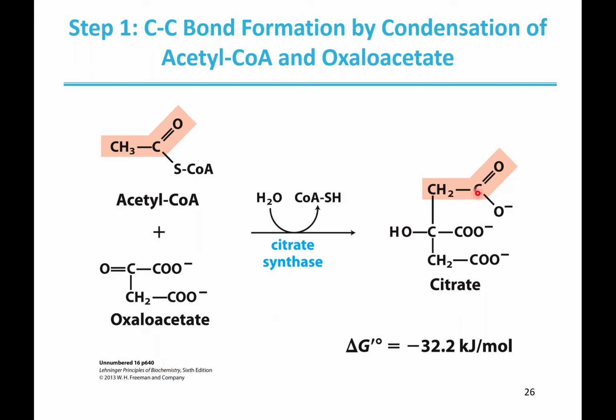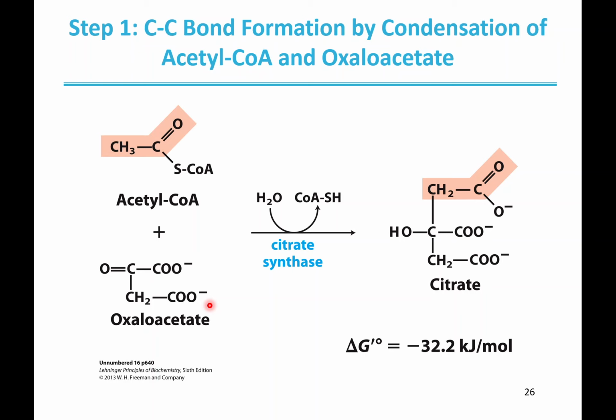This is a very favorable reaction. Why is that? It's because this CoA bond to the acetyl group is a very high energy bond. So this is a very active starting material. It uses the energy from that release of the CoA to form this molecule, citrate.